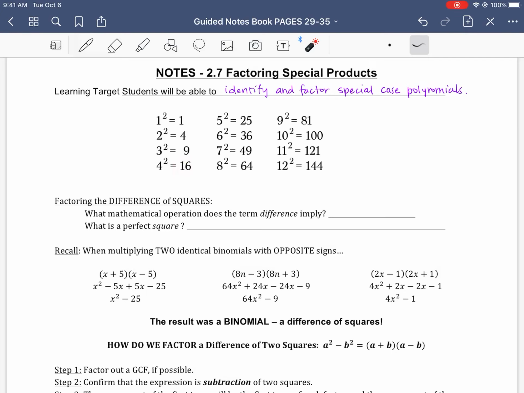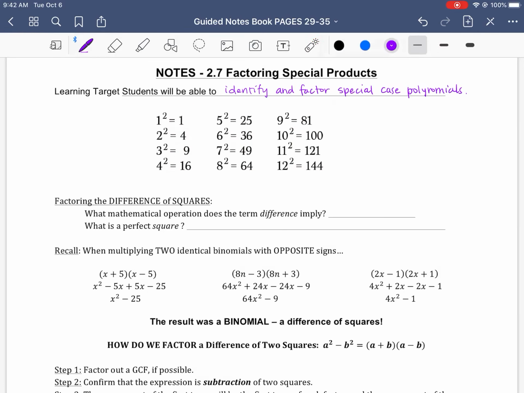Now, these perfect square numbers are going to be helpful when we're going backwards, because if we can identify what we call a difference of squares, which deals with these perfect square numbers, when you can recognize these numbers, then we can factor them rather quickly. So 1, 4, 9, 16, 25, 36, 49, 64, 81, 100, 121, and 144.